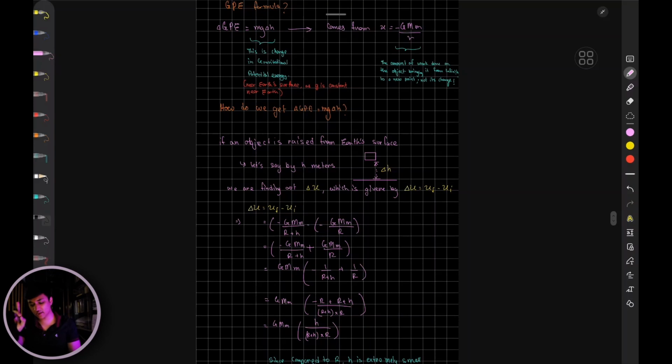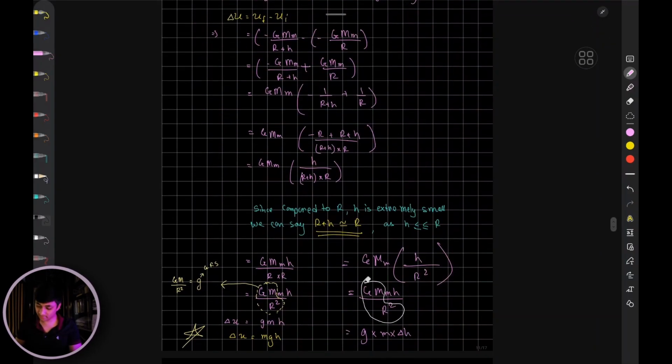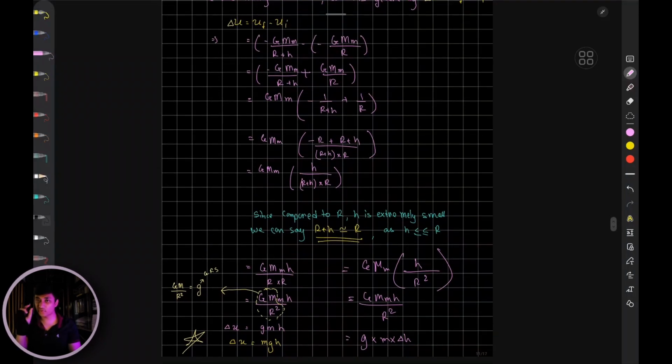And another thing I'll add though is, notice this derivation is how we derived the formula mgh, better known as mgh. So this is how we found the change in gravitational potential energy for distances near the surface, right?